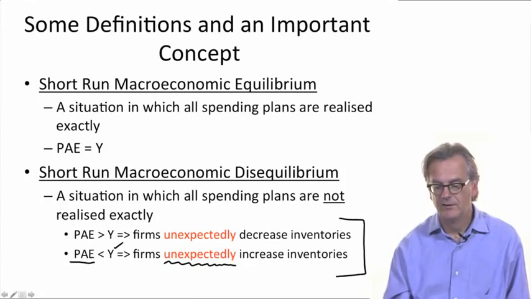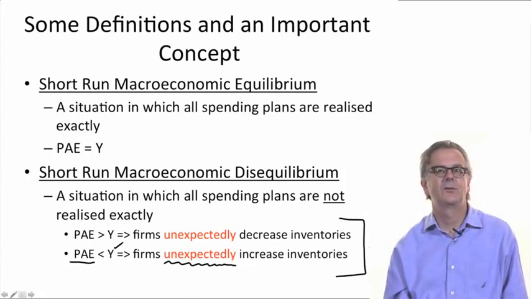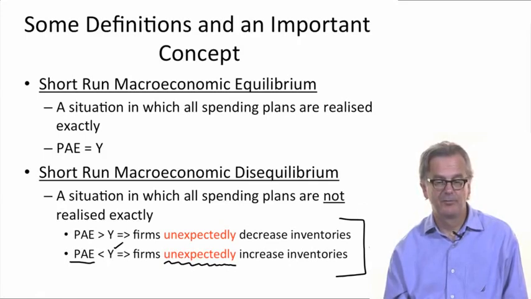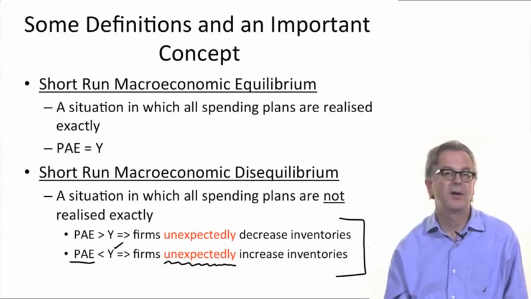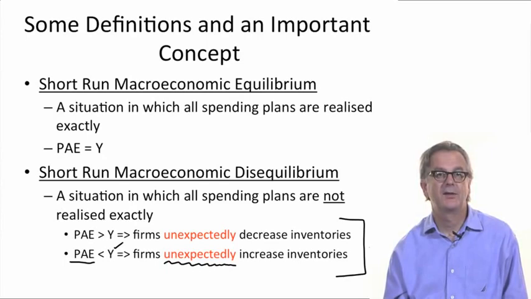This unexpected change to inventories, as you'll see, is going to be a very important part of this macroeconomic model that we're building. So you can see how the concept of equilibrium here really is a story about the extent to which spending plans match what actually happens.